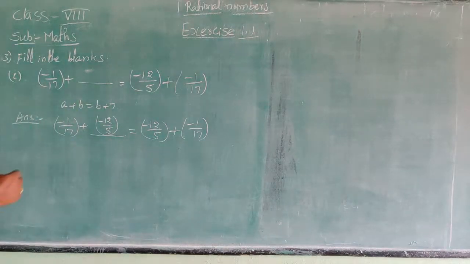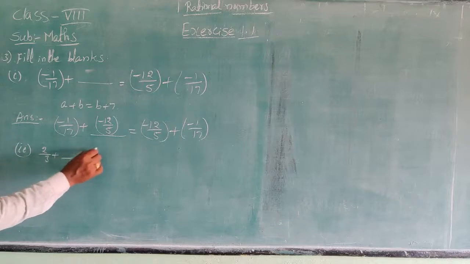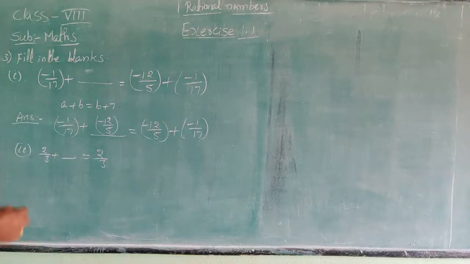Second one. Dash plus minus 2 by 3 is equal to minus 2 by 3.